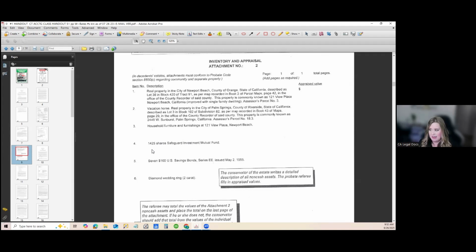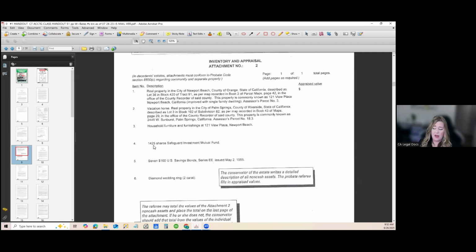You have to list each one separately. And typically on the mutual fund pages or Morgan Stanley's and Charles Schwab's and all of that, they will list how many shares they are, and they will list a code for that share that helps the probate referee provide the value. You do not give value, you just give the shares.